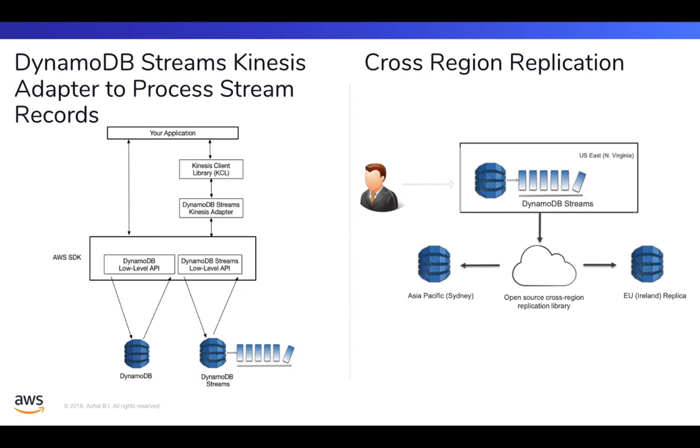If you want your application to access the streams directly, and you don't want a Lambda to be used, and you want some EC2 instances to access the stream, you could use the Kinesis Client Library, and you might also have to use the DynamoDB Streams Kinesis Adapter to access the stream's low-level API.